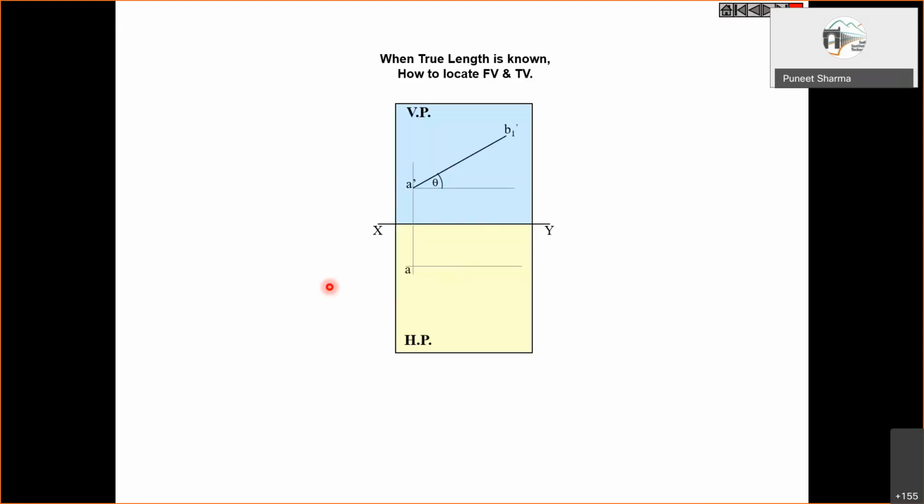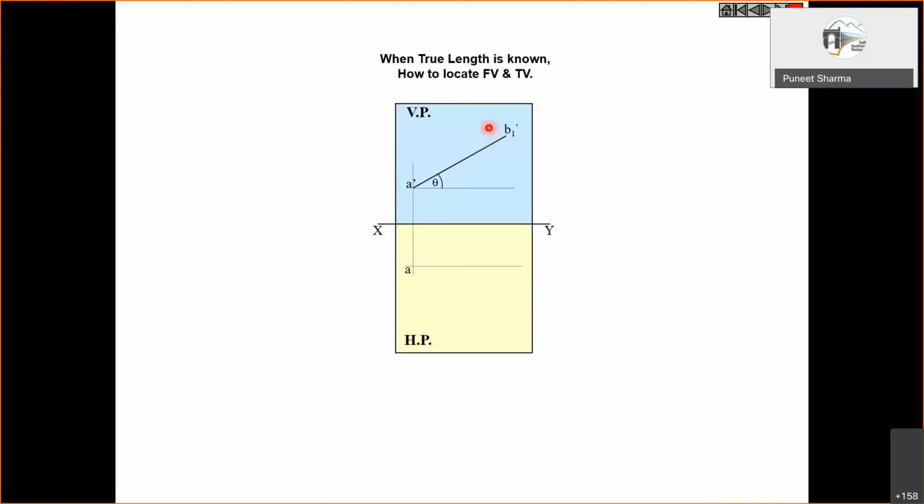So from this step, the next step is obtained by assuming the line parallel to the vertical plane. If the line is parallel to the vertical plane, the inclination with the horizontal plane will be visible in the front view, and the true length also will be visible in the front view. So we take this inclination with the horizontal plane, we take the length of the line, and we can locate B1 dash.